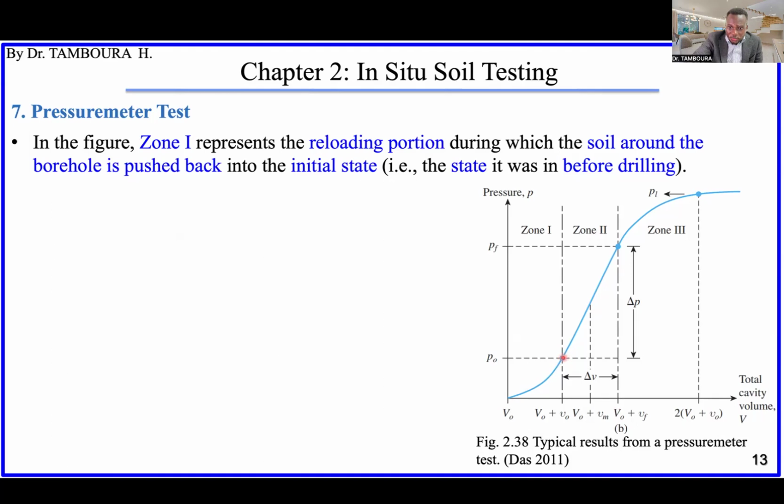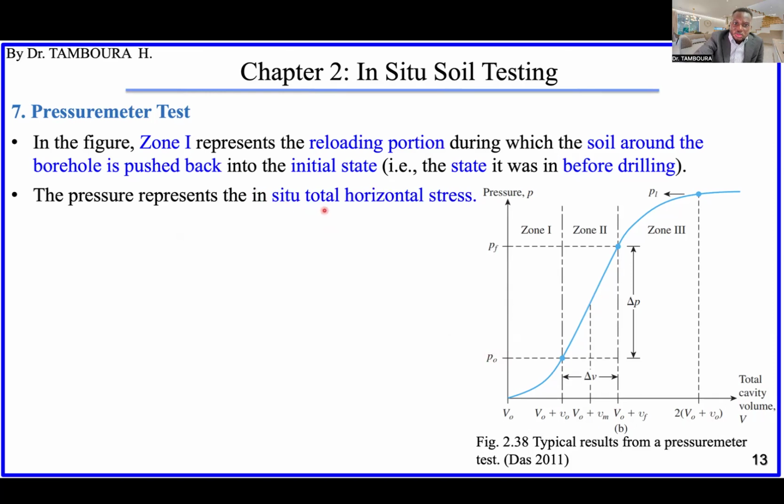Now you have reached the limit of the original state of the soil. At that pressure P0, you will see that we can use this pressure to obtain something. The pressure here is the in situ total horizontal stress, sigma H. You know sigma V, right?